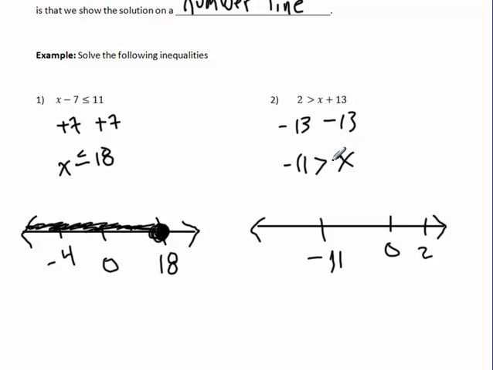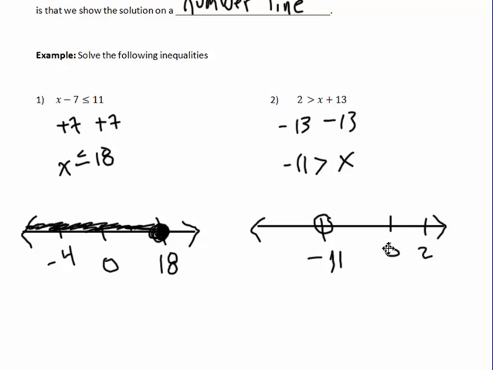And again, if you have trouble with that, what if x was 0? This is my 0 test. First and foremost, before we do anything, negative 11 is my comparison number, and it's strictly greater than, so I'm going to put my open circle at negative 11. And now I need to decide, do I shade to the right or do I shade to the left?